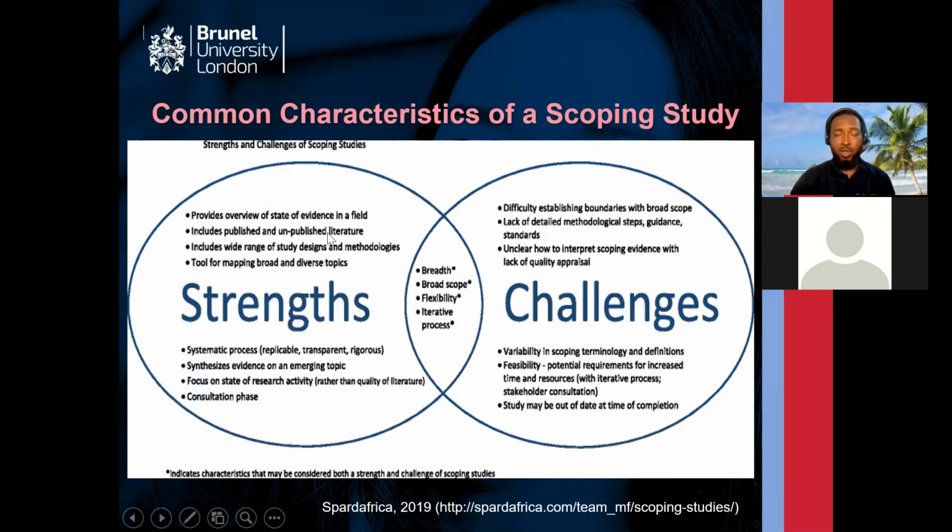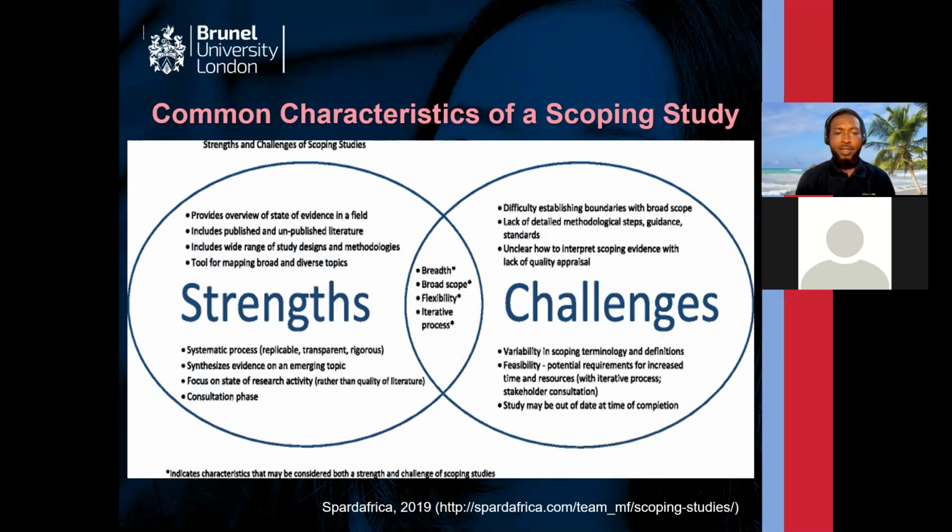I've said all this, it's just for you to see the classifications. Then it includes a wide range of study designs and methodologies. It is also a tool, an instrument for mapping broad and diverse topics. Then it's also a systematic process. It could be replicable, transparent, rigorous, and comprehensive.